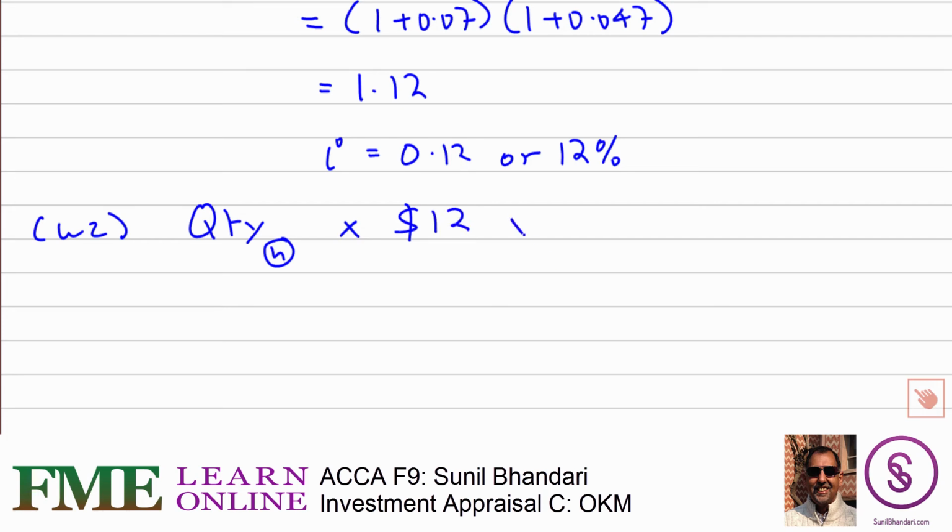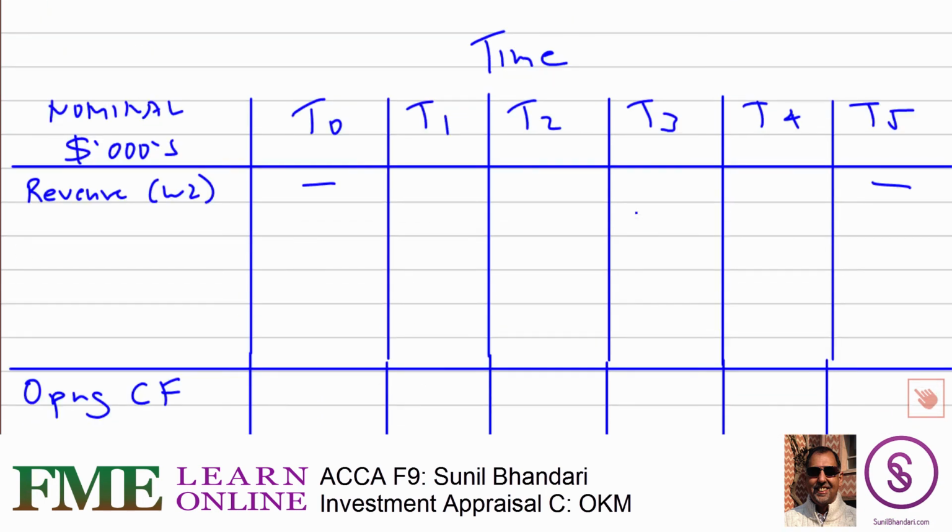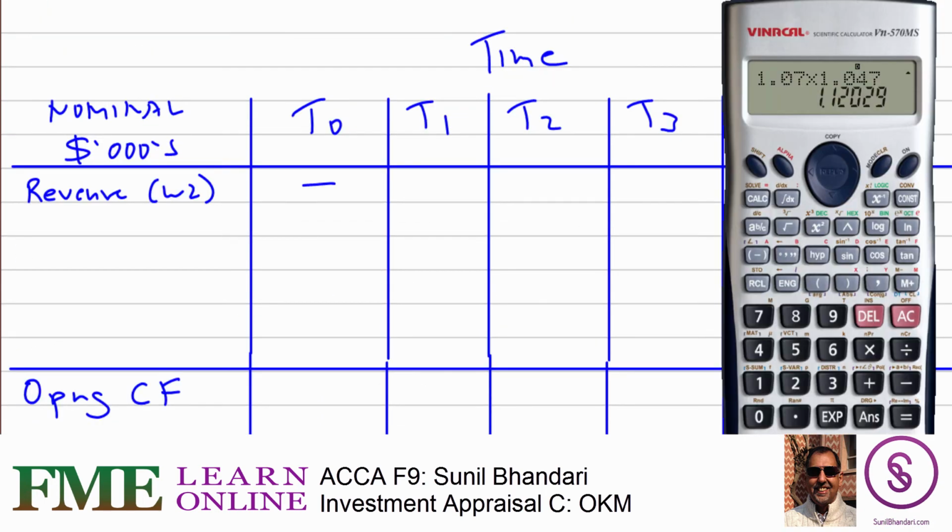And I want to multiply that by 1 plus the specific inflation, which is 5%, 1.05 to the power of the relevant year that we're dealing with. Year 1, year 2, etc. And leave it like that. Go back up, and I'll start showing you how we calculate these using my calculator on the screen here.